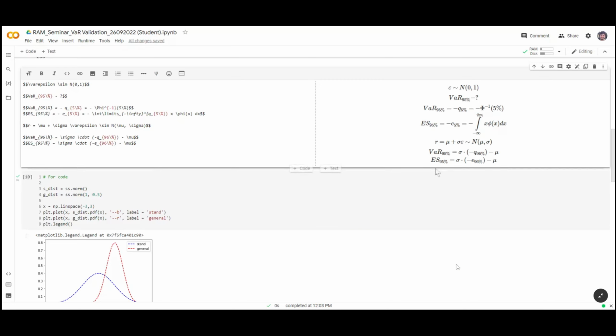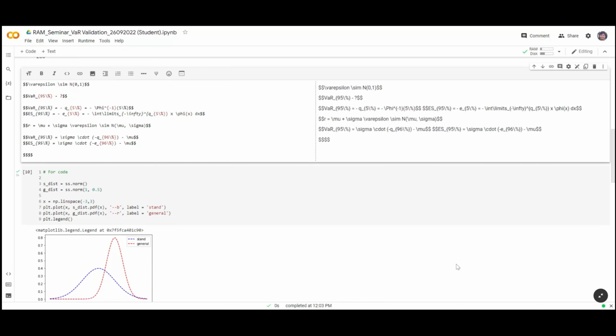And what we actually know from our problem, we know the VAR, the value of VAR, and we know some constraints on sigma and mu, right? So we know that mu is non-negative by the problem settings, and sigma is non-negative by definition, right? So now we can actually express mu and sigma from these two equations.